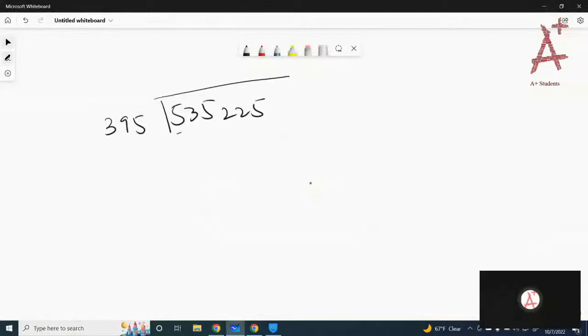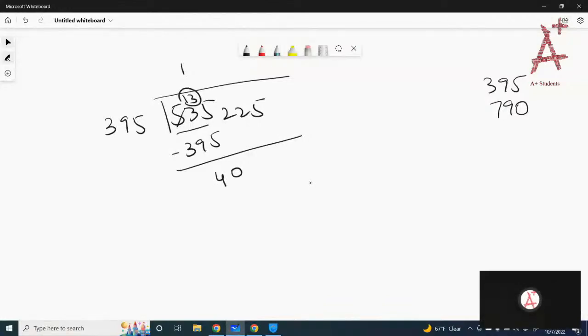So let's check for the first three digits. 395 is smaller than 535, so we can go for 395 times 1 is 395, but 2 is much greater, I think. 395 times 2, yes, it is 790, so we can go for 395 times 1 is 395. Got it? Just subtract them. 5 subtract 5 is 0. 13 subtract 9 is 4. You have to borrow 1 to make it 13, and here you're left with 4. 4 subtract 3 is 1.